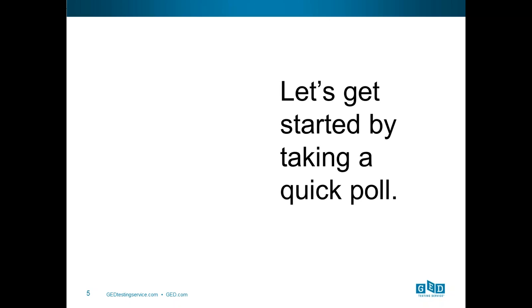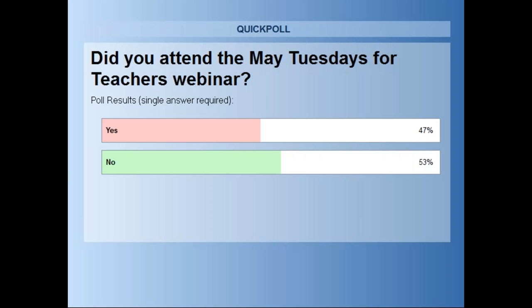Let's take a look at the results. Bonnie, this looks like some of the voting that happened over in Great Britain. We have 53% no and 47% yes. So about an even split here in terms of those who were with us versus those who weren't. That gives us a little idea of where we are at this point in time.